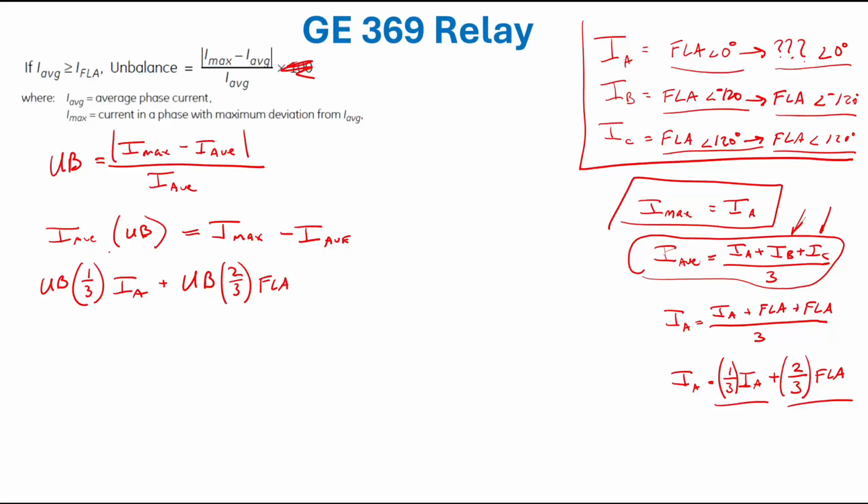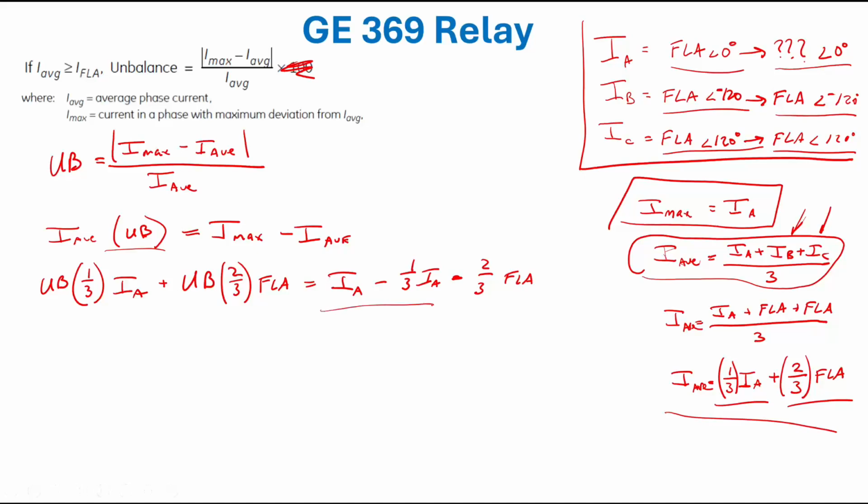I'm just distributing this UB to everything that I average equals. This should be IAV. Okay, and then this is going to be equals Imax, which is IA, minus everything in here, which is, I'll just go ahead and distribute the negative as well, which is 1/3 IA minus 2/3 FLA. So now let's combine like terms.